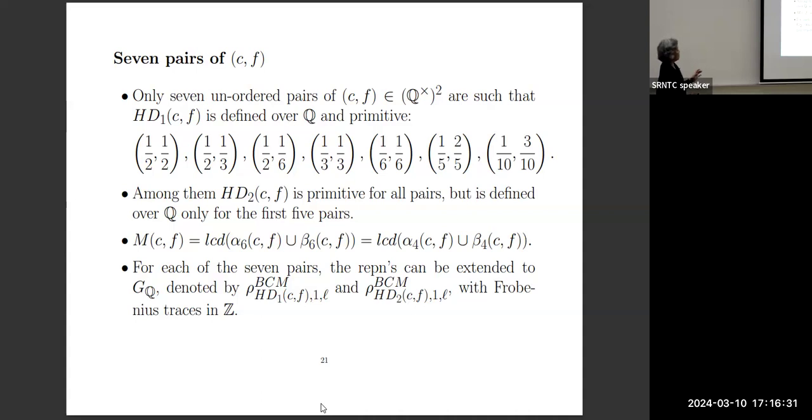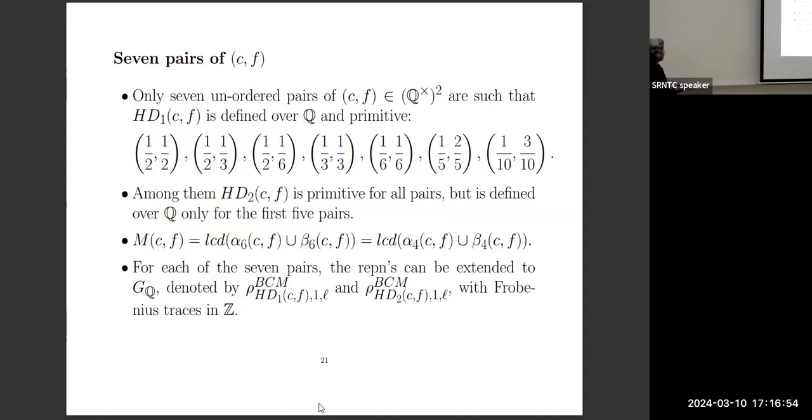For the last 2 pairs, it's not defined over Q, but still we can show that the Galois representation can be extended to a GQ representation. We just call that a BCM representation. And in this case, the levels for both are the same, so they are representations of the same Galois group.